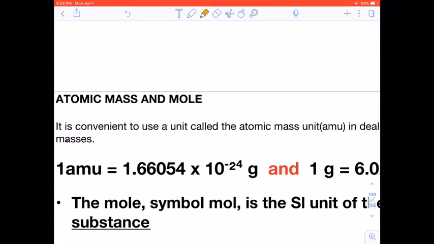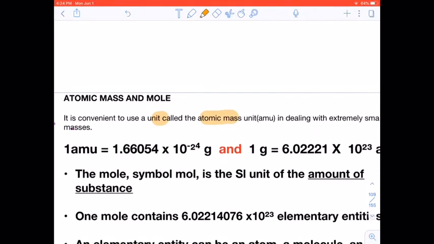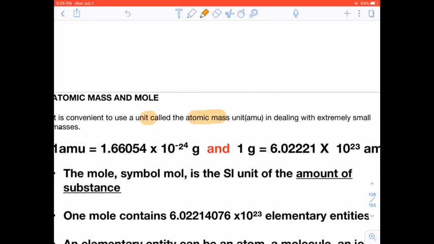So it is convenient to use a unit called the atomic mass, right? And that unit is given in AMUs. The reason for using atomic mass is that the masses of atoms are extremely small.